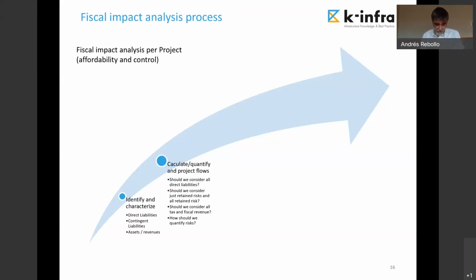Should we consider any fiscal revenue or only certain types of revenue? And so on. And how should we quantify risks? That's a big deal, and today we don't have time to cover that. But if there are some questions in the question and answer part of the session, we can discuss that.